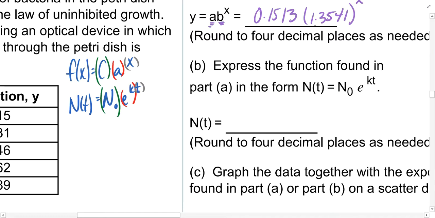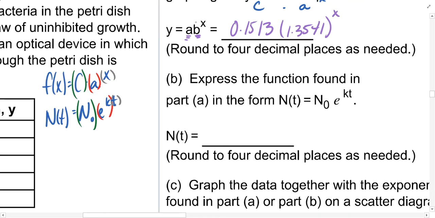So if I wanted to convert it from the format that Mr. Ehrman generally uses, this one right here, and rewrite it in the format that MathXL seems to like, we can do that. We know that N naught and c are exactly the same. So I'm going to call this N of t equals 0.1513.